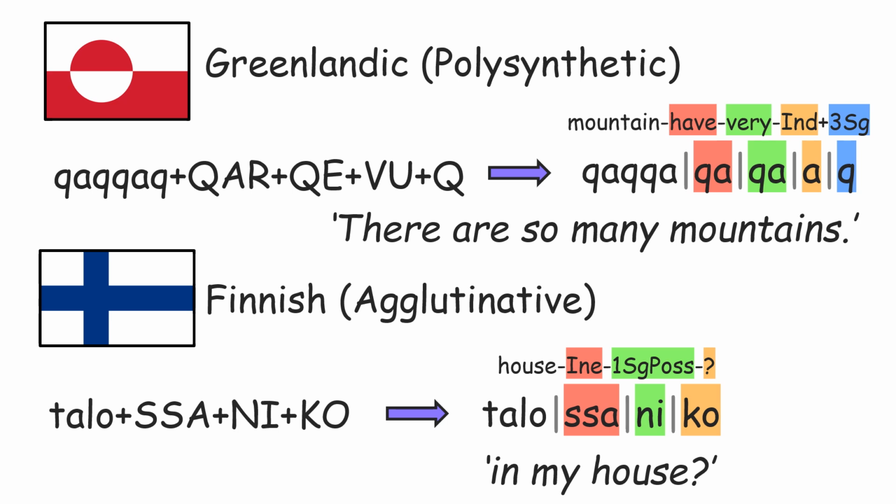Or literally, house, inessive case, first person singular possessor, question particle. I think this is quite a major difference between polysynthetic and agglutinative languages. Also, note that agglutinative languages often make much less use of noun incorporation to form complex sentence words, like the Greenlandic word we have here.